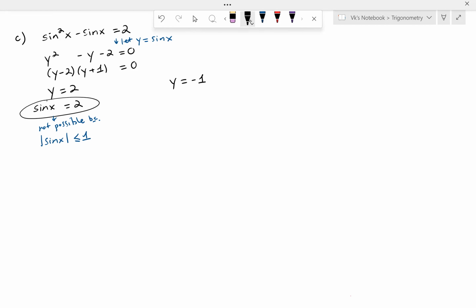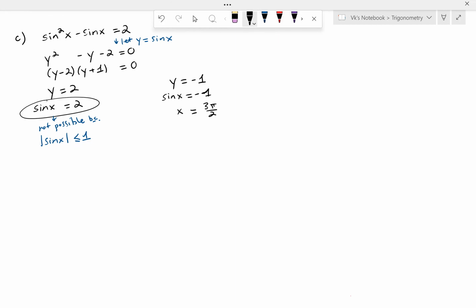Y equal to minus 1. Well, substitute y for sine x equal to minus 1. The angle that gives minus 1 is 3 pi over 2. And let's do the faster way here, and any repetition of it.